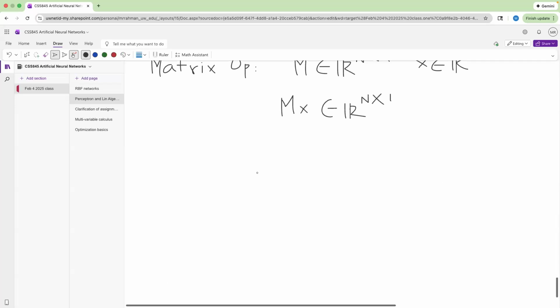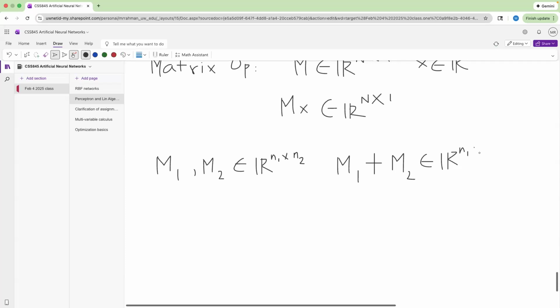In general, the matrices themselves form a vector space. If I have two matrices of the same dimension, both in R^(n1 times n2), then I can add these matrices, and that becomes another matrix in the same matrix space.